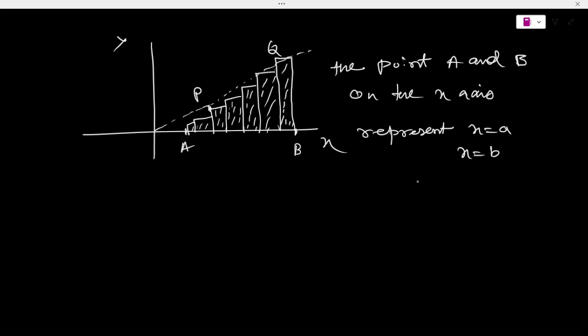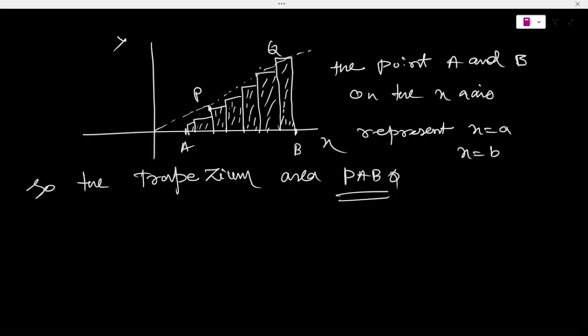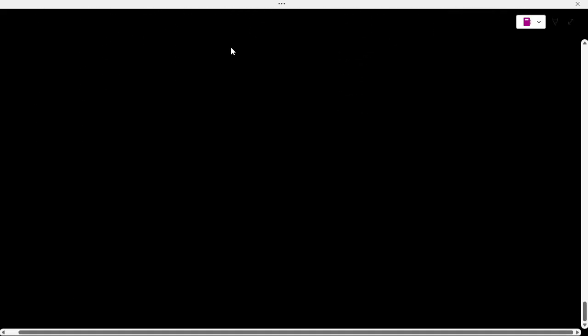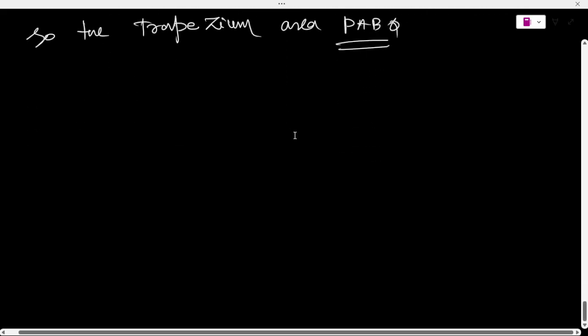So the trapezium area PABQ, what will it be?